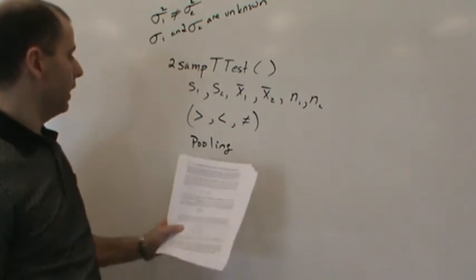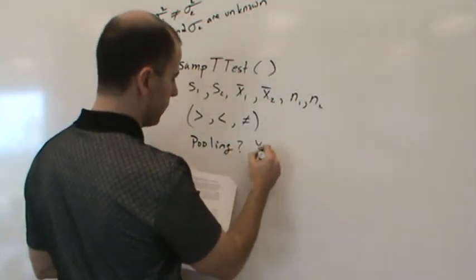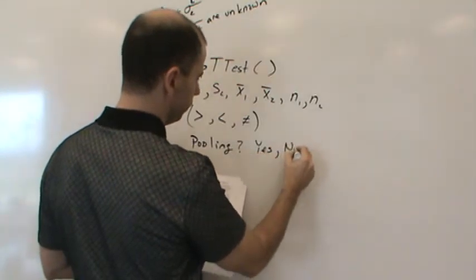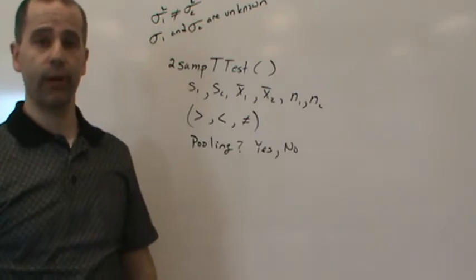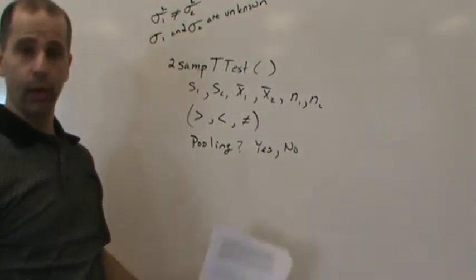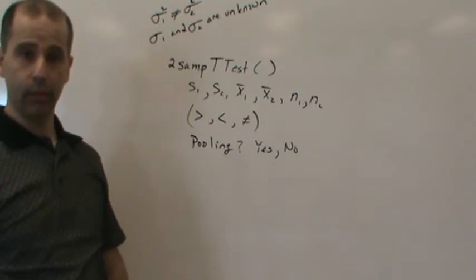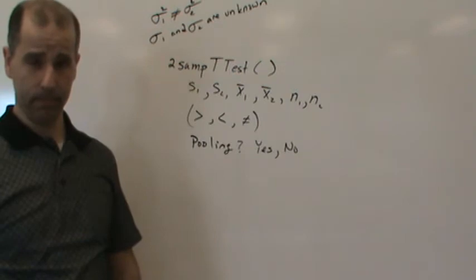But the question here is going to be pooling yes or no. If we're going to assume the population variances are the same, then yes, we're going to pool the samples. But if we're assuming that they're not the same, then we don't pool.